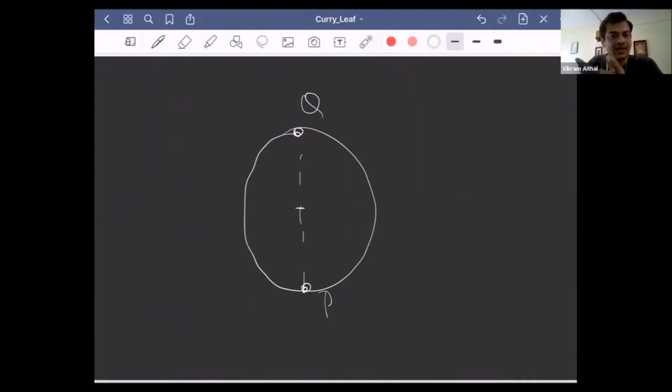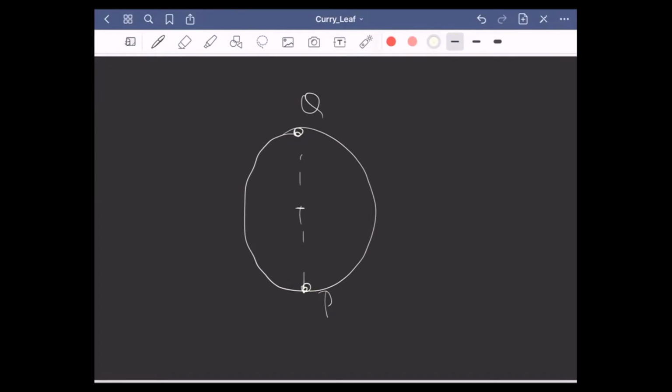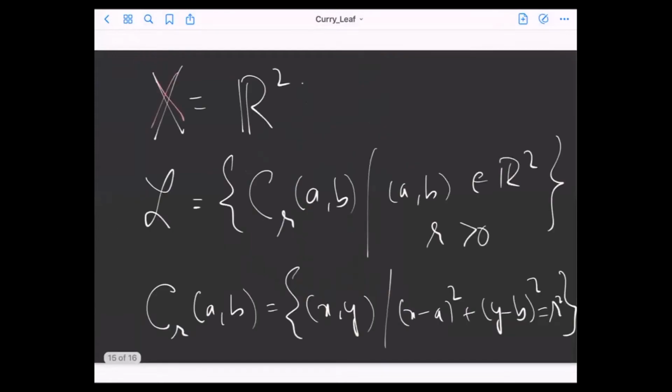Is the zero radius circle in that set? No, R is positive here.